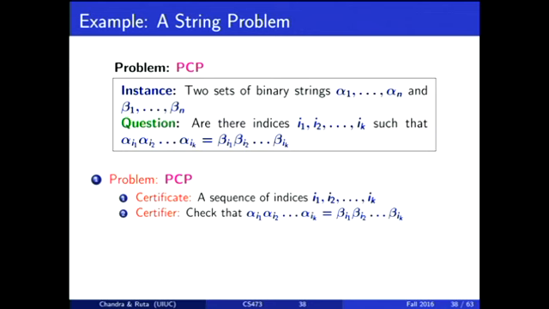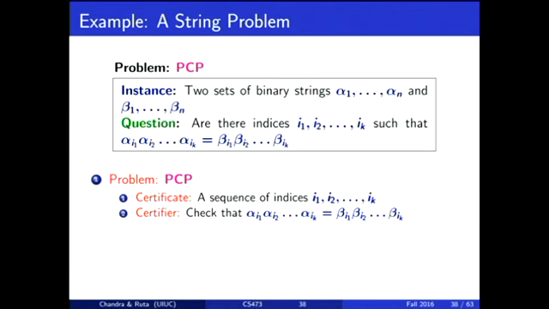If I take alpha 1 here, I have to take beta 1 here. If I take alpha 2 here, I have to take beta 2 here. If I take alpha 10 here, I have to take beta 10 here. There is a correspondence: whenever you take the ith string of one set, you have to take the ith string of the other set. You can take any number of copies, but at the end I have to get equal strings when I concatenate.